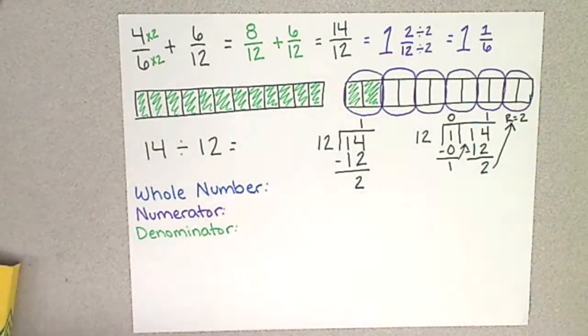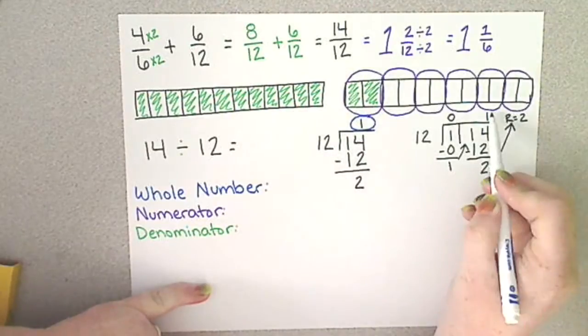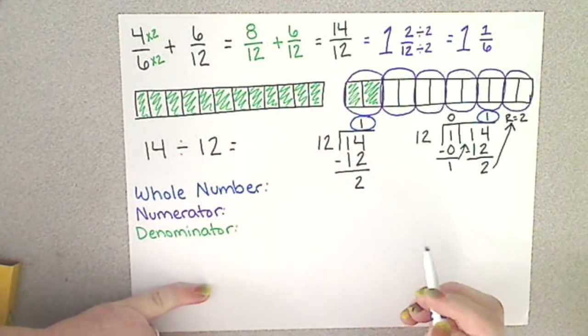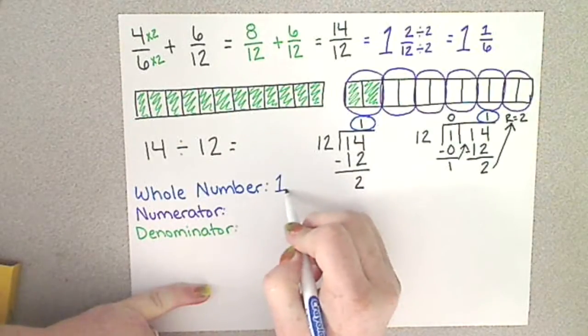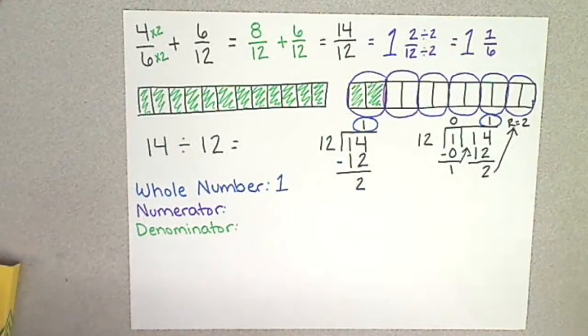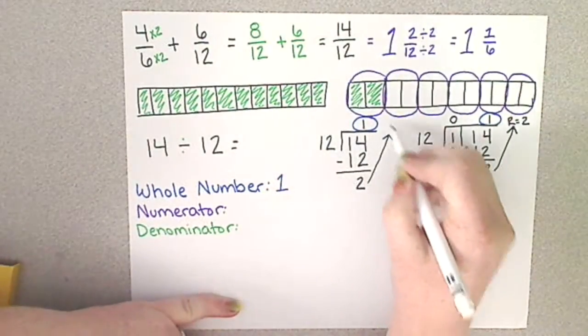Now, I'm going to start with my whole number. Your whole number is the first piece of your quotient, which is 1. Okay? Your numerator is your remainder, and I forgot to slide my remainder up here earlier.